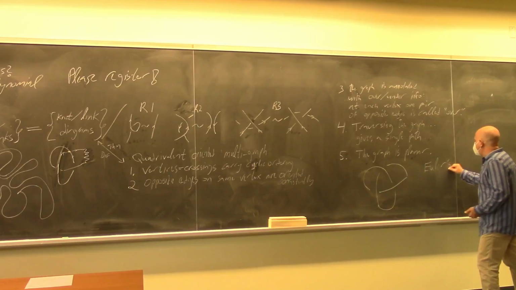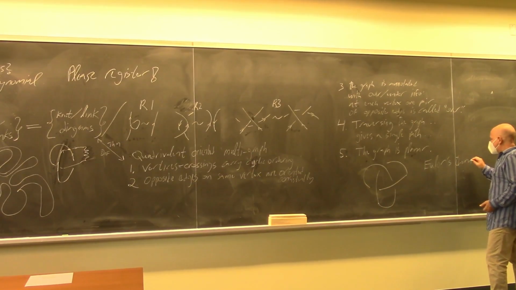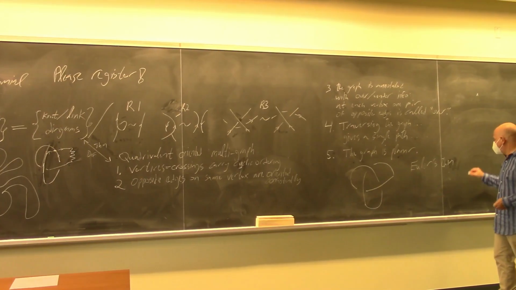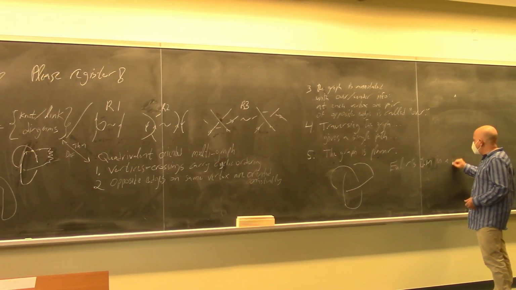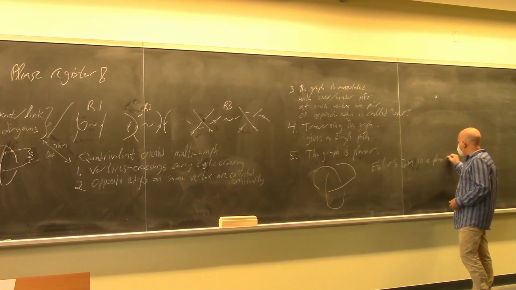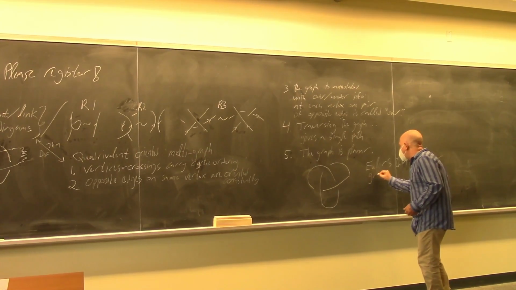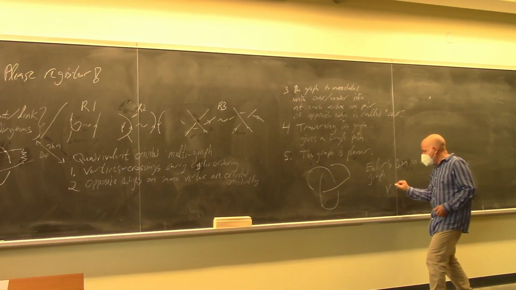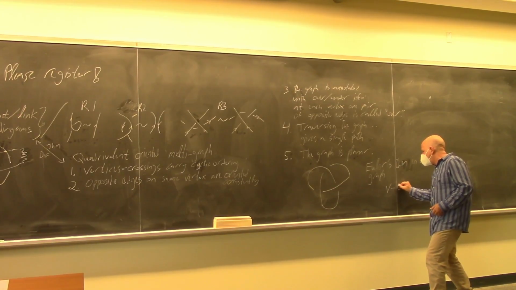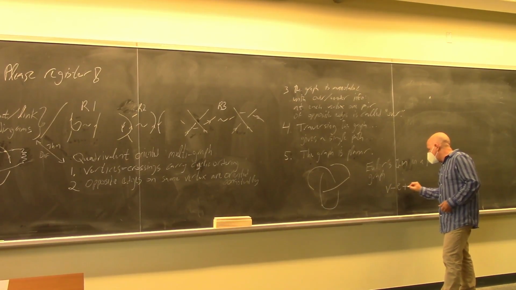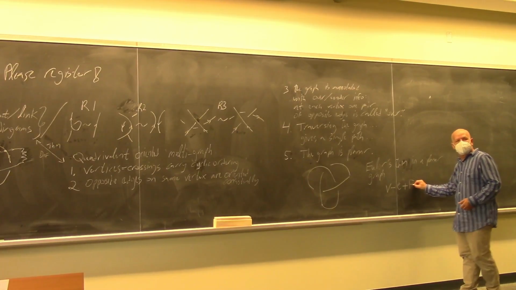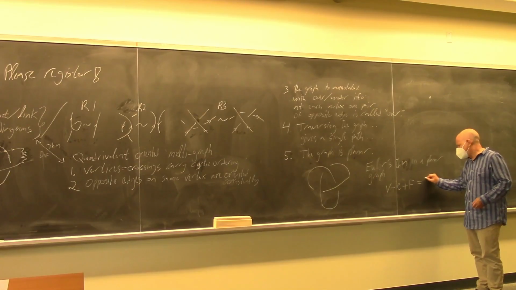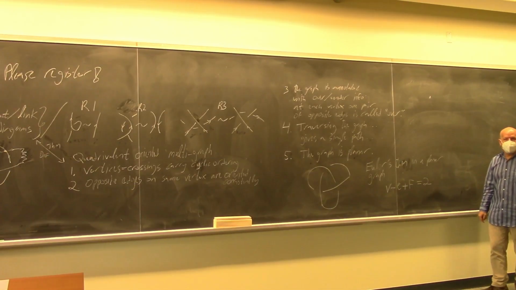Euler's theorem says that in a planar graph, the number of vertices minus the number of edges plus the number of faces is equal to 2. I believe so, 2. Right?